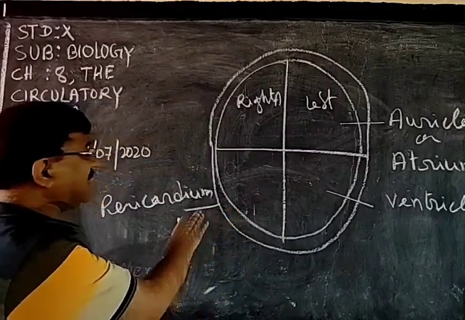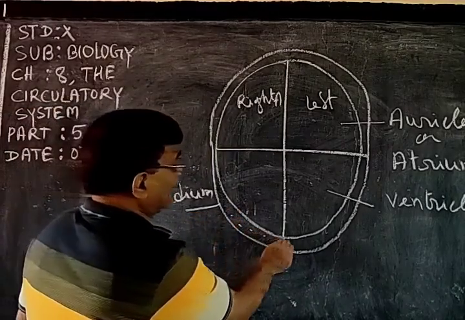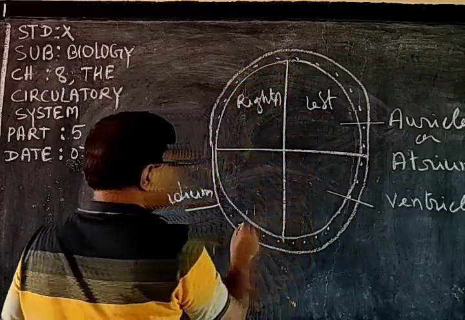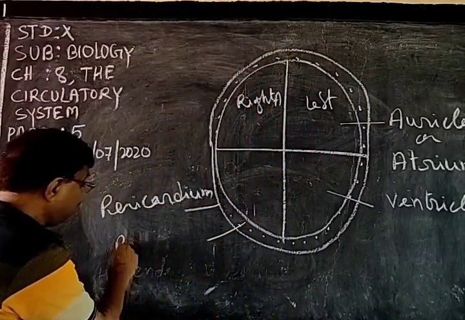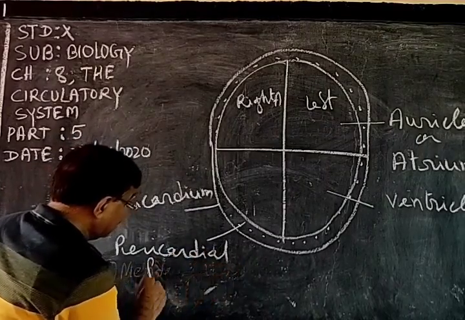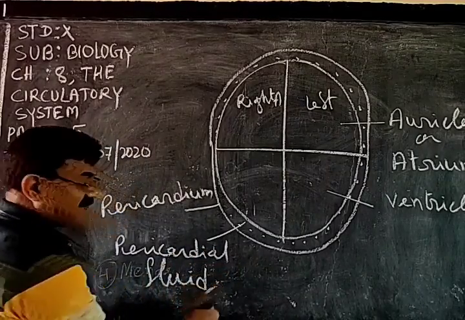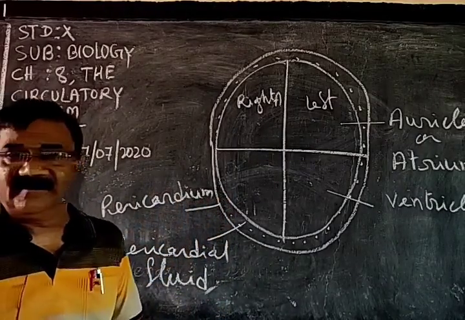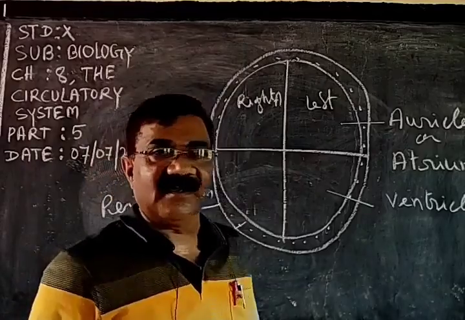And between heart and pericardium, a space is there. In that space, one fluid is present, and the name of that fluid is pericardial fluid. Location of the pericardial fluid: between the heart and the pericardium. Pericardium is the outer covering.